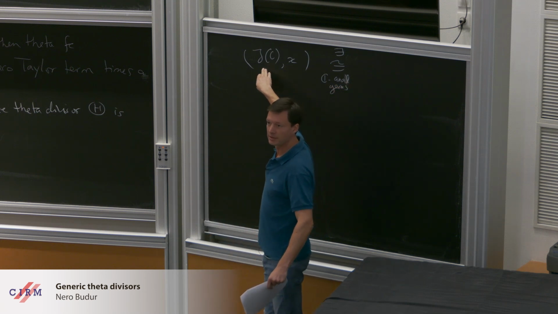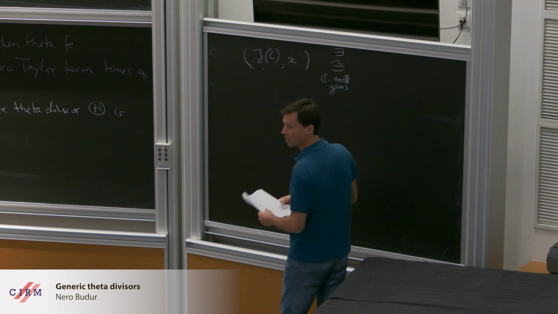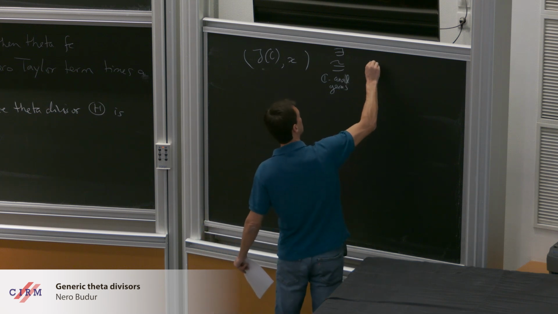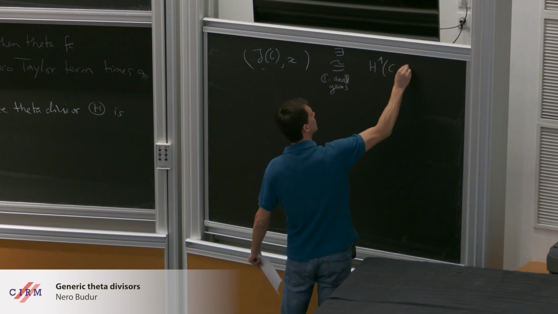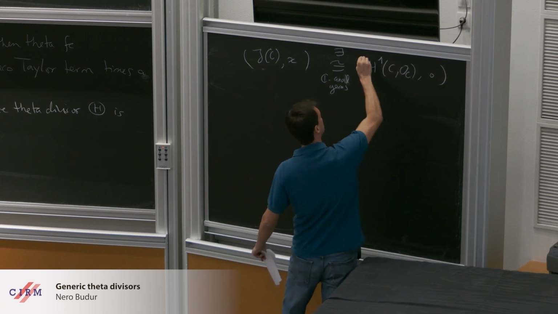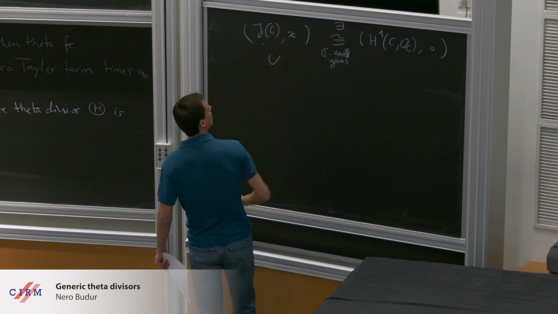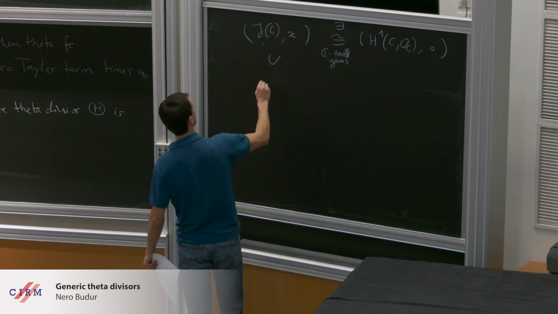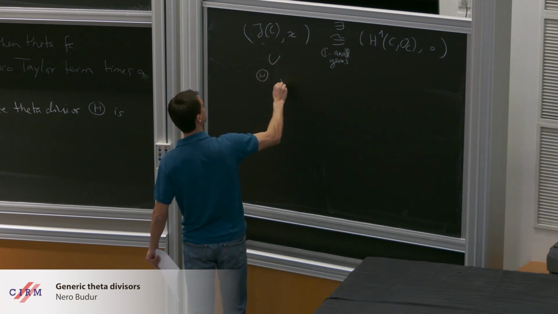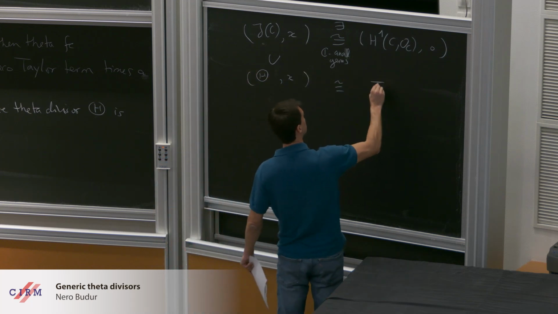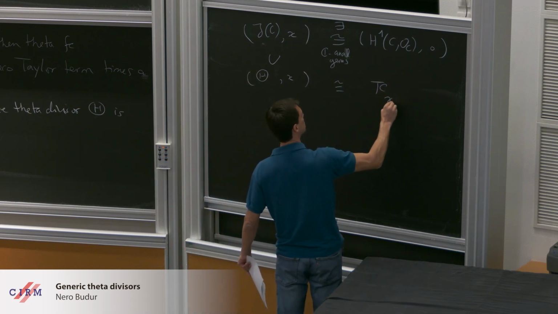This is a smooth space, with the tangent space, the origin on the tangent space being H^1, which induces an isomorphism of complex analytic germs between the theta divisor and the tangent cone at that point.